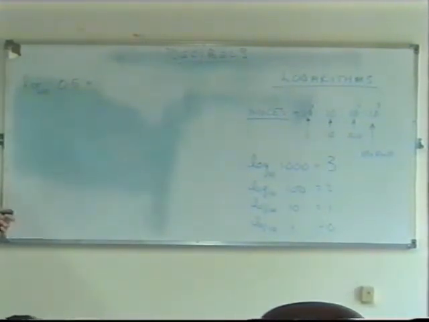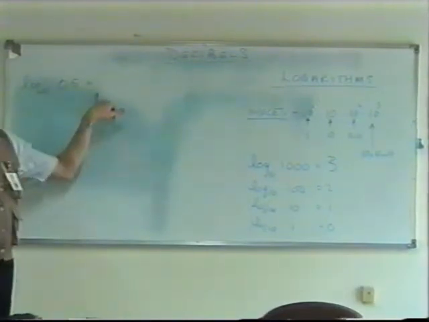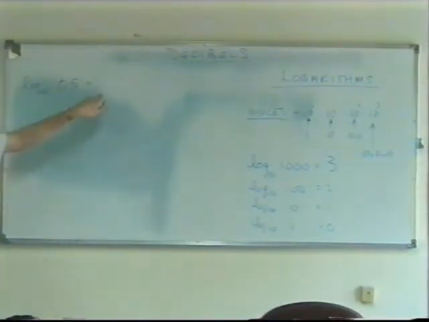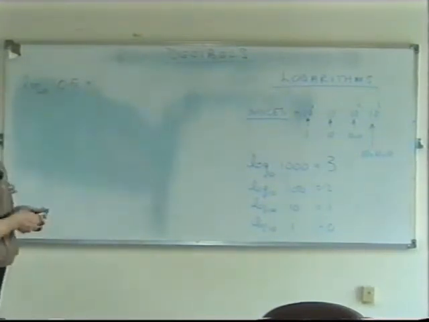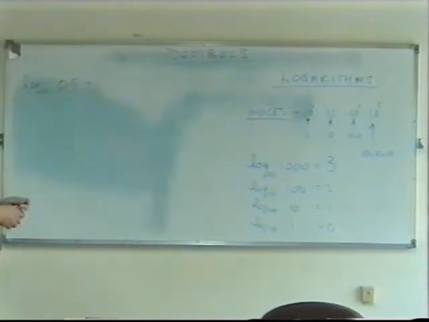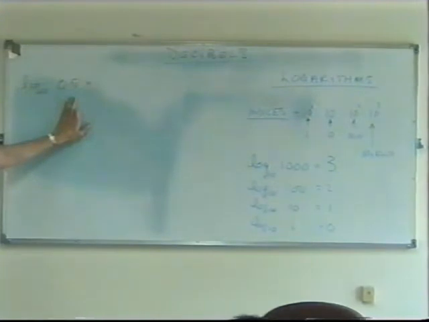I don't necessarily expect you to know this offhand, but it is something worth remembering because we're going to deal with this. If you take the logarithm of a number less than 1, you really have to use either a lookup table or log tables to find this out.